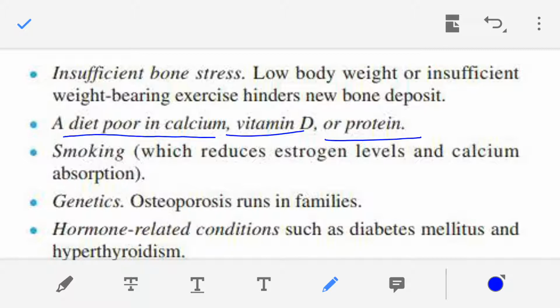Then smoking. See, in the bracket they are writing, which reduces estrogen level. Here they are talking about smoking, but they are also simultaneously talking about the reduced estrogen level. That means they are talking about the smoking habit of women and girls.